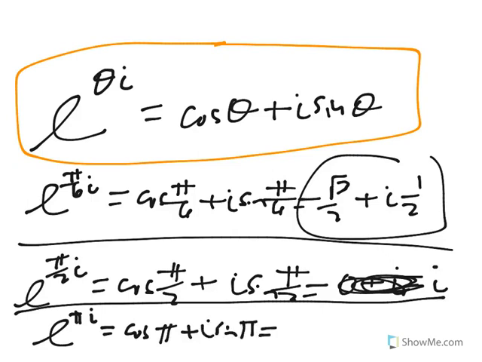Cosine pi is -1, and sine pi, sine of 180, is 0, so it just becomes -1. So that's interesting. I could raise e, an irrational number, to an irrational and imaginary power, and end up with a real number. That last one, though, is pretty famous. e to the i pi equals -1.